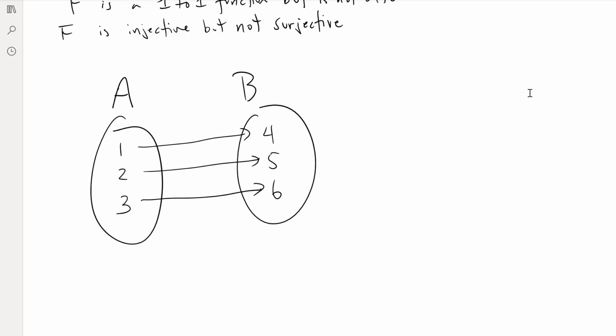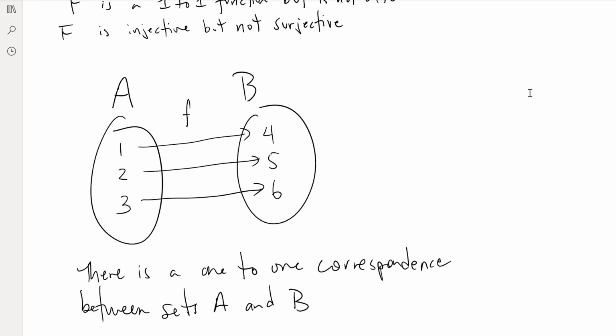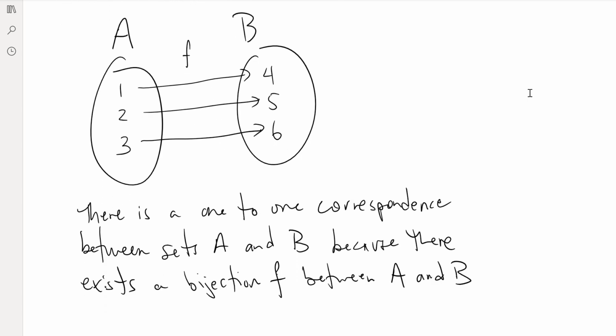And to be injective means that you don't have different values mapping to the same result over in set B. So if you take two different values in set A, they will go to two different values in set B. So there is a one-to-one correspondence between the sets A and B because we can identify a bijective function f that maps from A to B, because there exists a bijection f between the two sets.